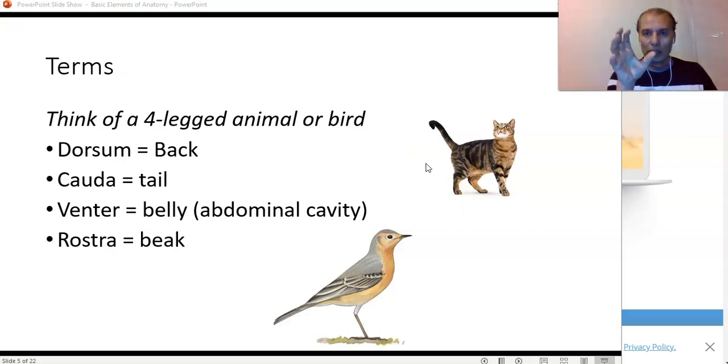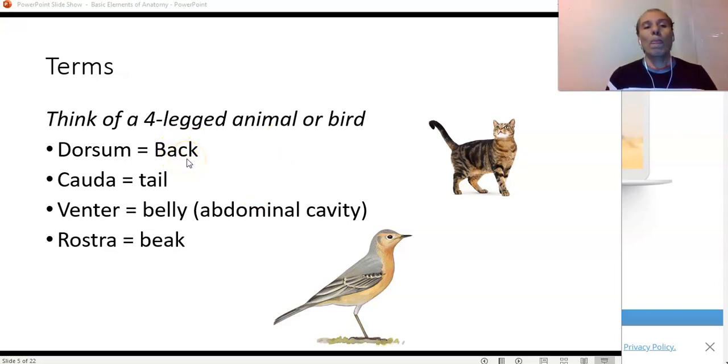We treat organs as if they were animals on their own. So the brain will have a dorsum, the surface of the brain, or the top of it, is called the dorsum. It has a back part that's called the cauda. The frontal part is called a tail. So think about an organ as treated exactly like a creature, as an animal.